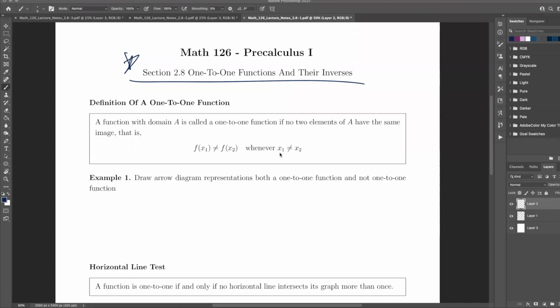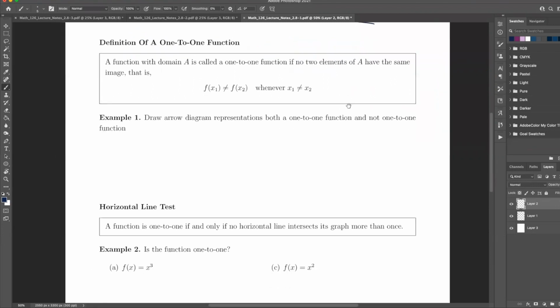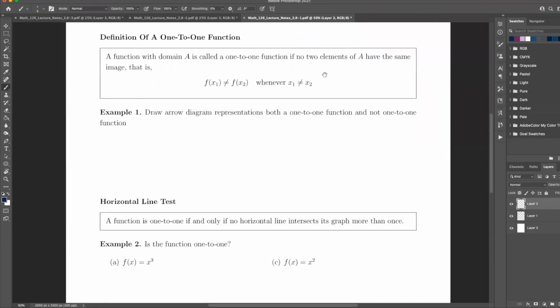Well, a one-to-one function says for every individual input, it has a unique output. So if the outputs are different, the inputs were different.